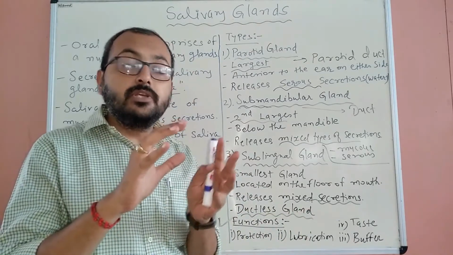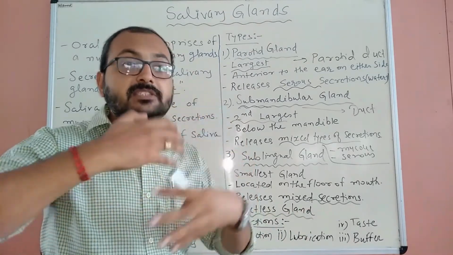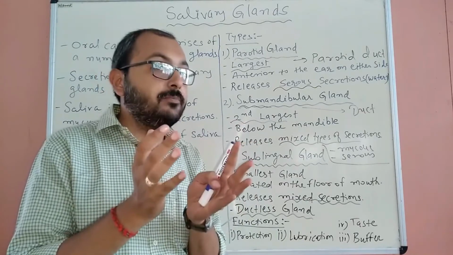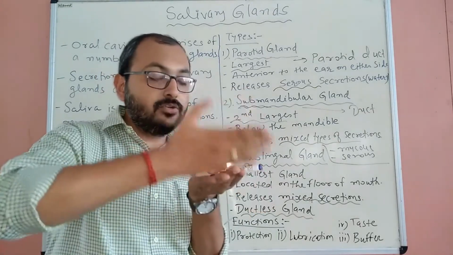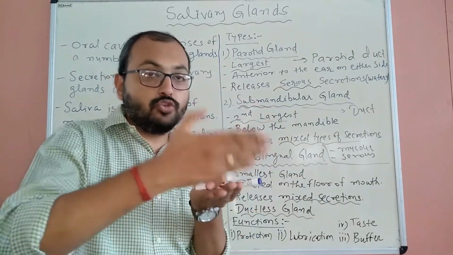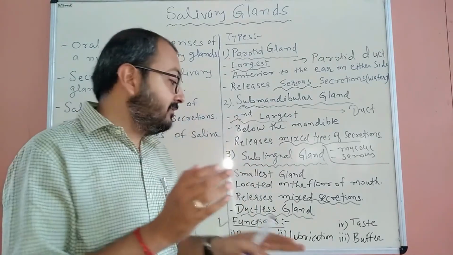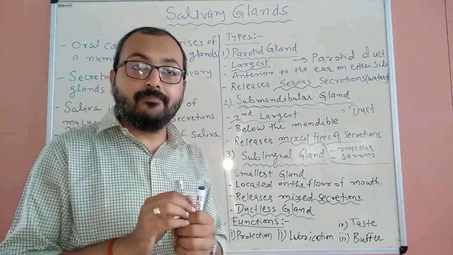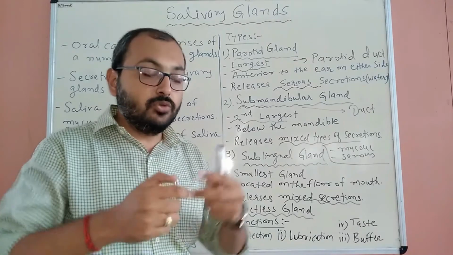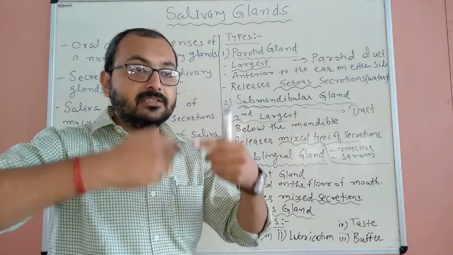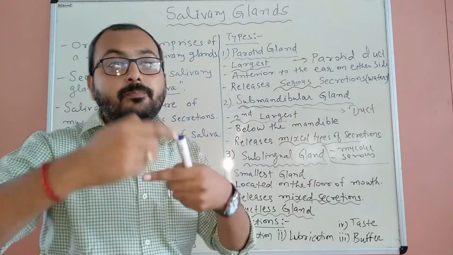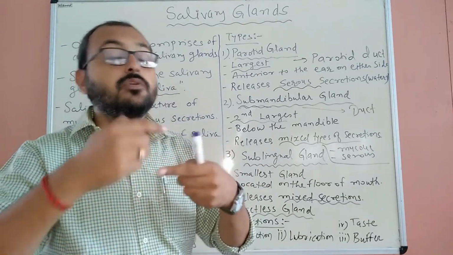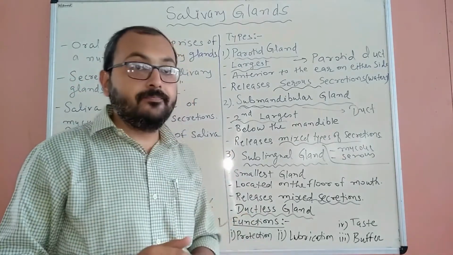Now this food will be mixed with saliva, and the teeth help during mastication, chopping the food, and the tongue helps as well. So the tongue and teeth mix the saliva into the smaller fragments or particles of the food.